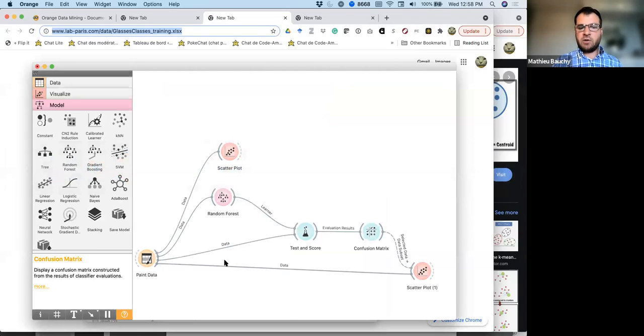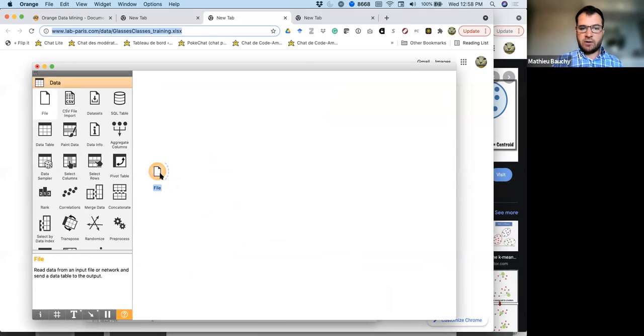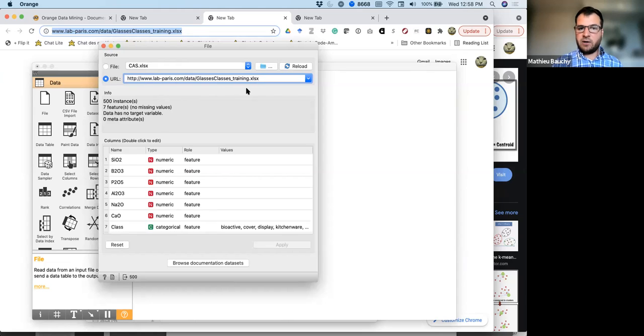The workflow will be very similar, but this time, when you load your file, again you can either put the address of the file here, or you can just download this file, put it on your computer, and then open it.